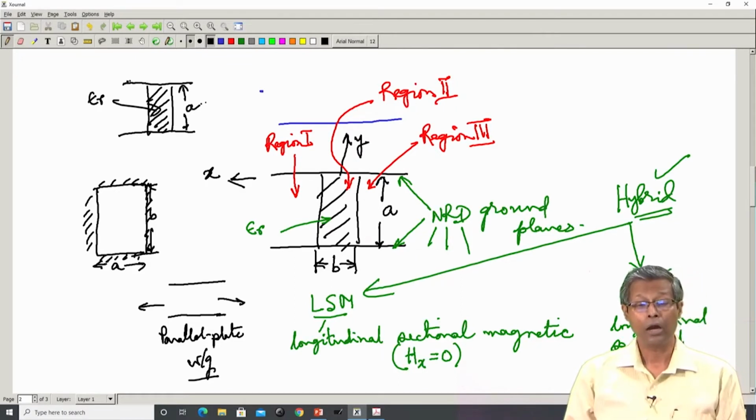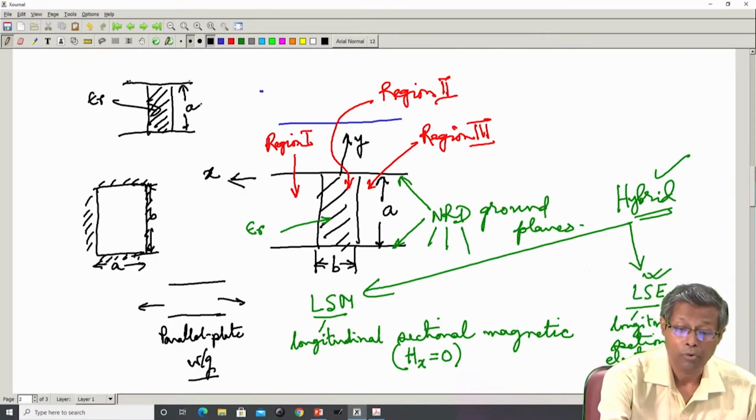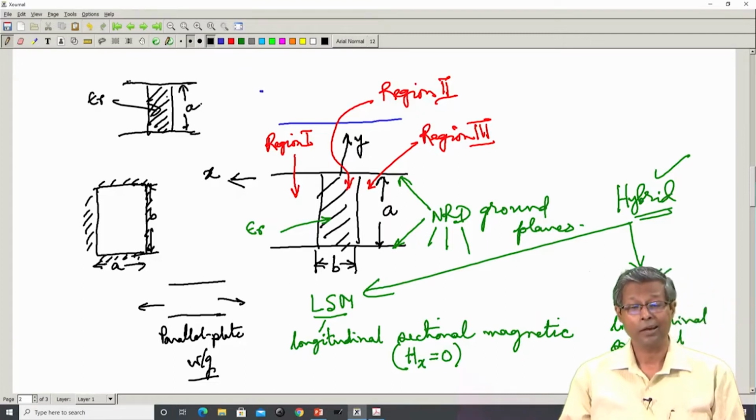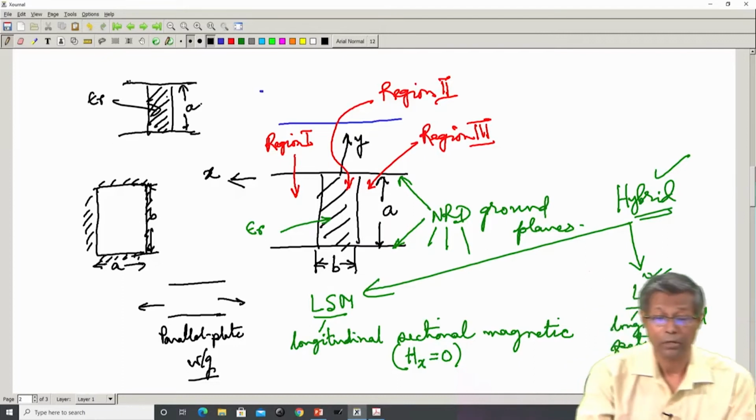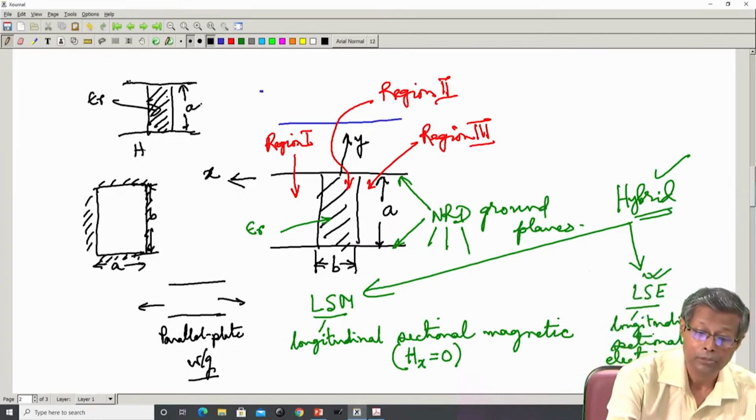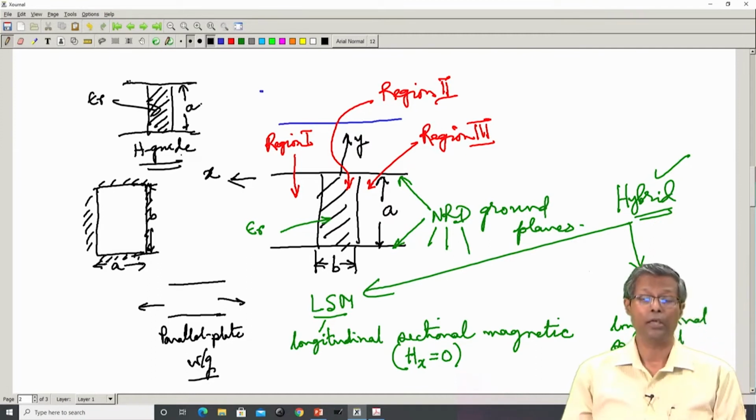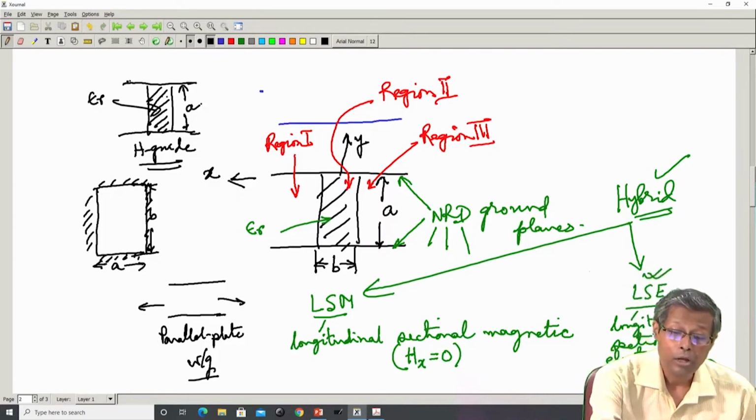Okay. So, under such a condition, we have attempted in the H guide, you look, it is in the shape of an inverted H, that is why it is called an H guide. Okay. So, in this case we have attempted to confine the electromagnetic field inside the dielectric strip.